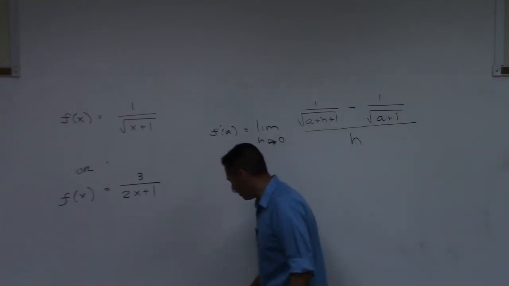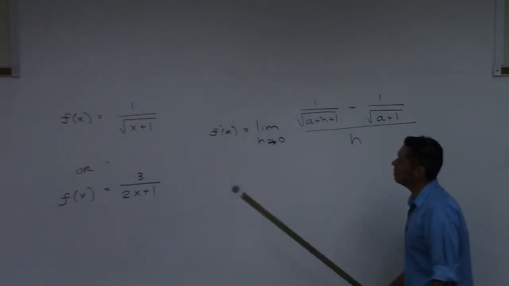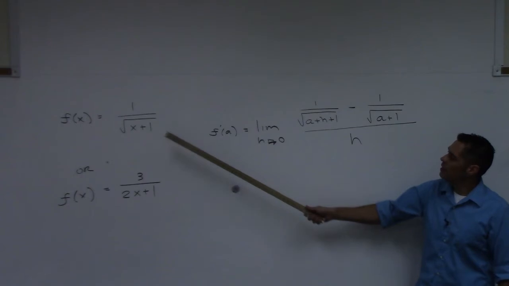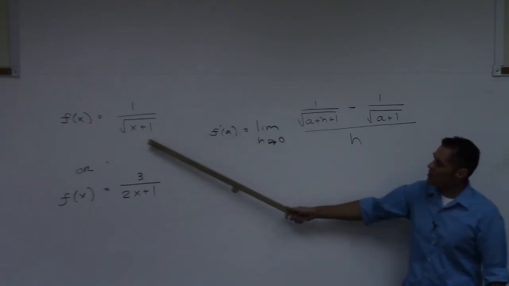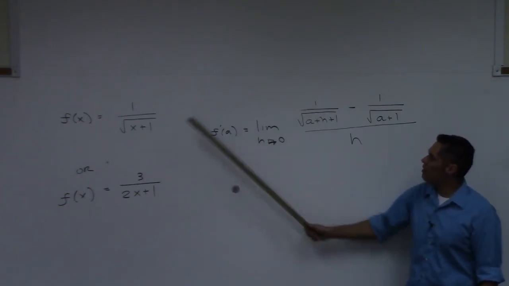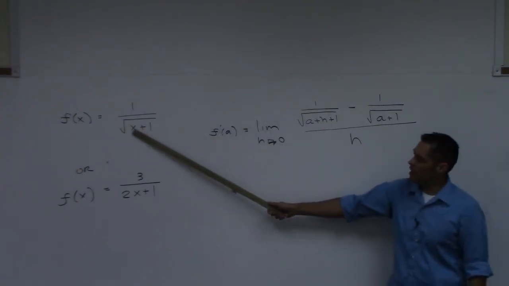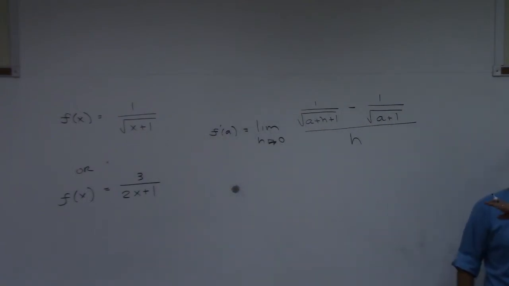I just wouldn't want to hit you with something like this on the test and y'all be all upset with me that you never saw anything like this. So here's the function I'm doing. I'm doing f of a plus h, so I'm replacing the x with a plus h. And then I'm doing minus f of a, so I'm replacing the x with a. Does that look like what it should look like to you?